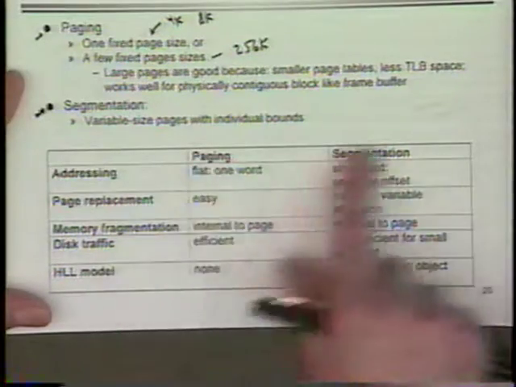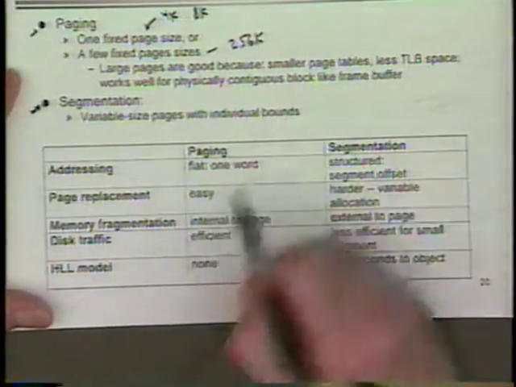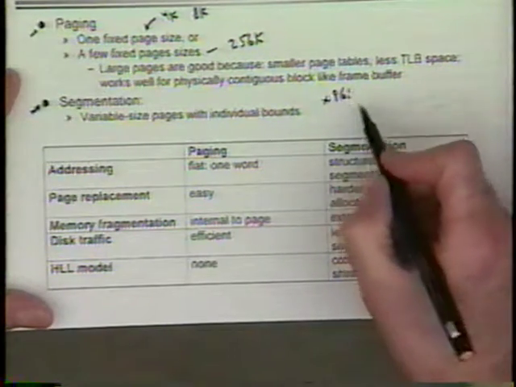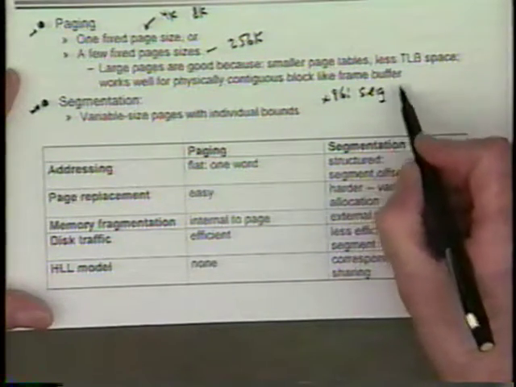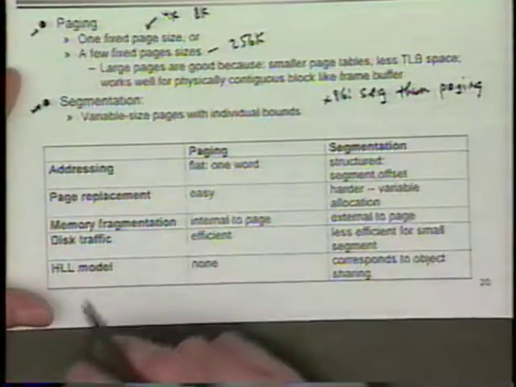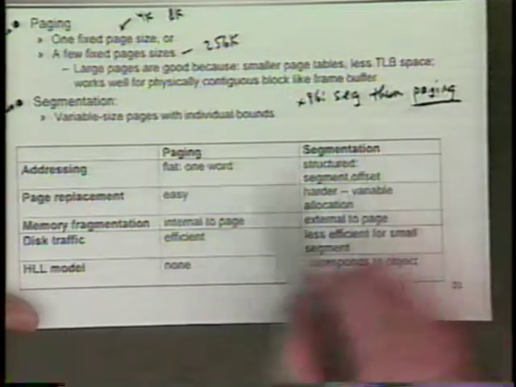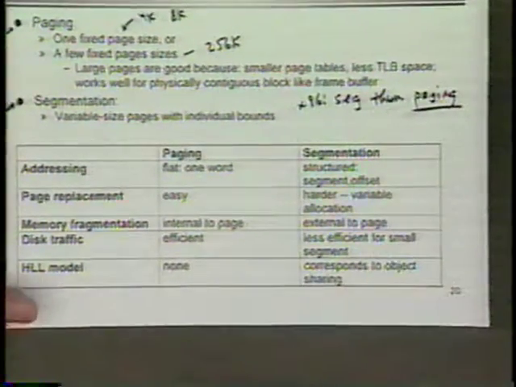There are some systems, in fact, that have both paging and segmentation. The x86 is one example that first does segmentation and then does paging. And you can choose to use the machine with one or the other or both. And these days it's more and more that people are using the paging only and not the segmentation.